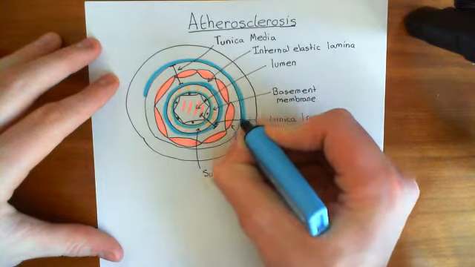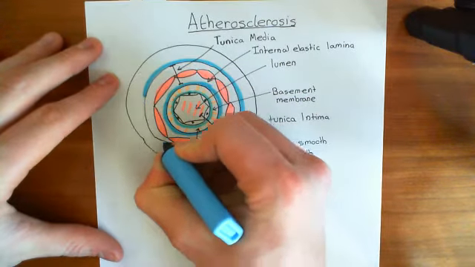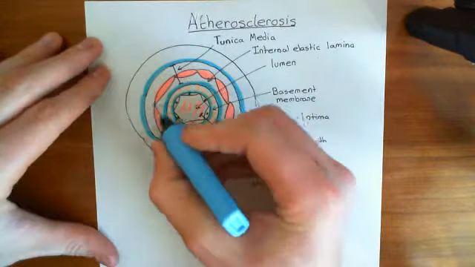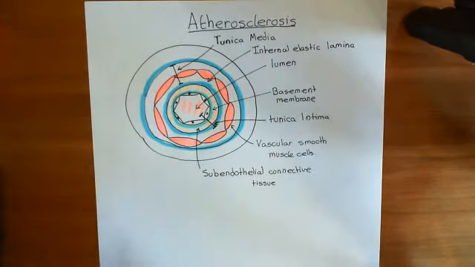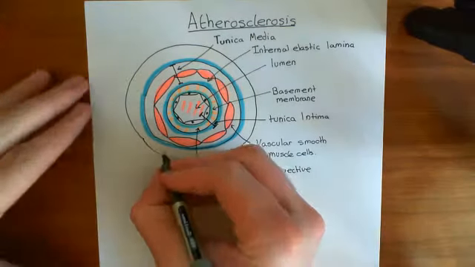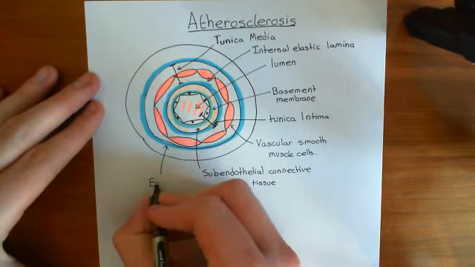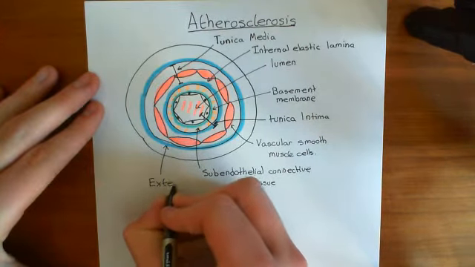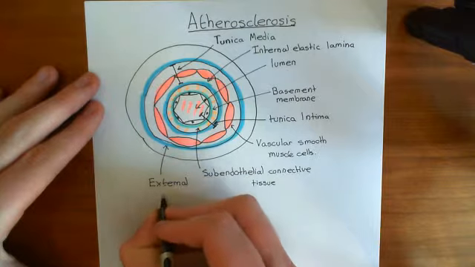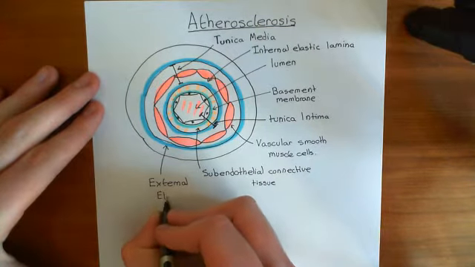The tunica media sits in between these two layers of elastic tissue shown in blue. This outer layer is the external elastic lamina, again made of elastin.